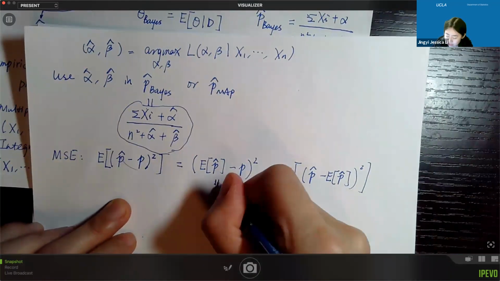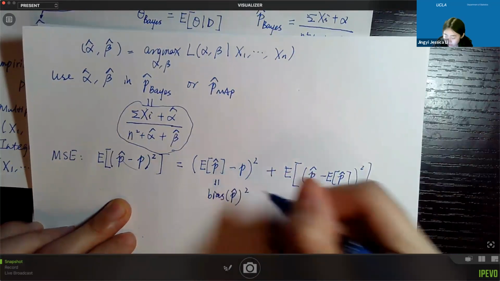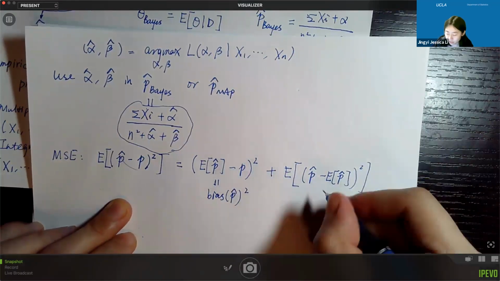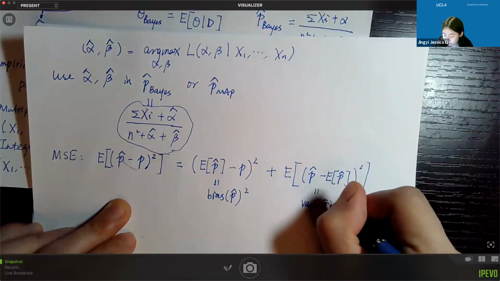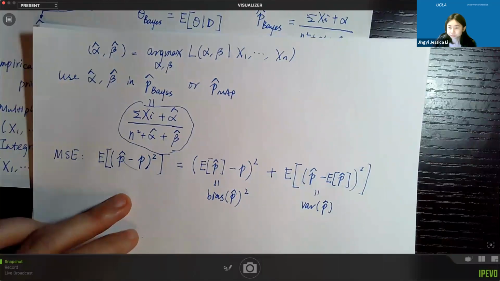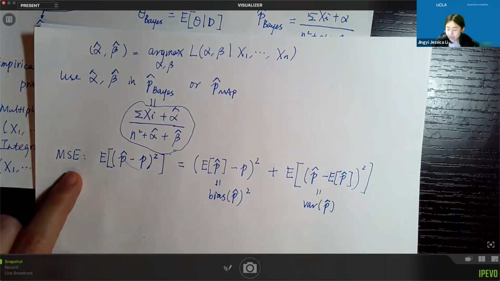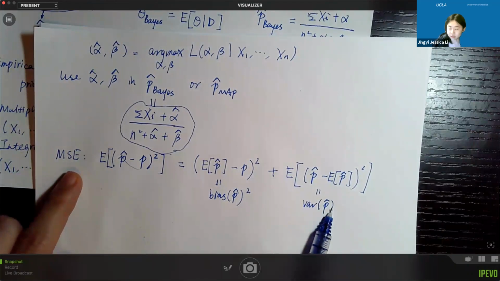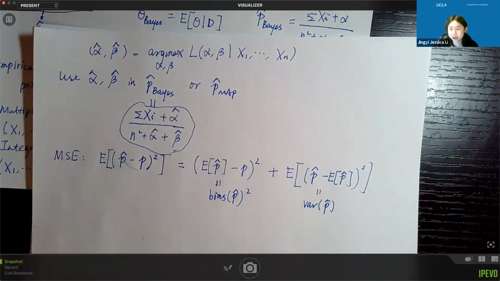You can see this is the bias of P hat squared, and this is essentially the definition of the variance of P hat. So if MSE is your criterion, it's very likely that an estimator may have bias, but given its reduction in variance, overall its MSE is better than an unbiased estimator.